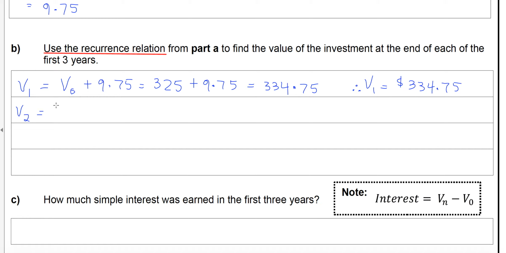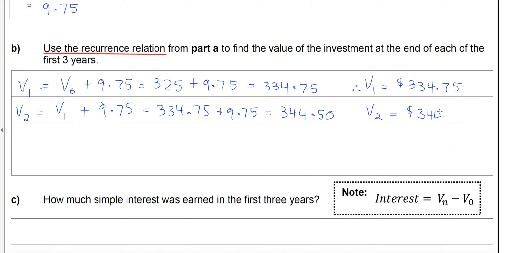That means that the next year, V2, we'll take V1 and earn that same amount, 9.75. So 334.75 plus the 9.75. Now we've got 344.50.